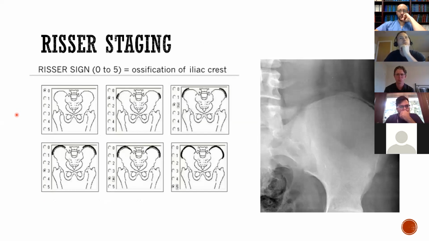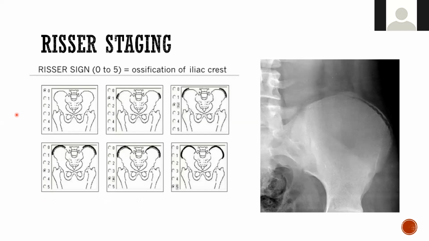So when we talk about the Risser staging, we're looking at the iliac crests. So kind of right here. And as you mature, this apophysis will start ossifying, coming from the front. And as you mature, it'll progress towards the posterior aspect, okay?